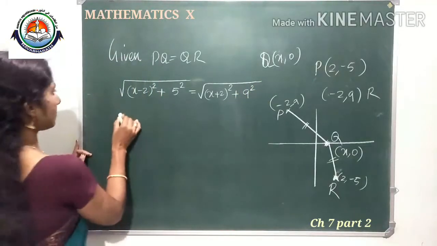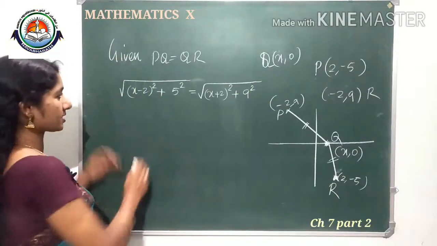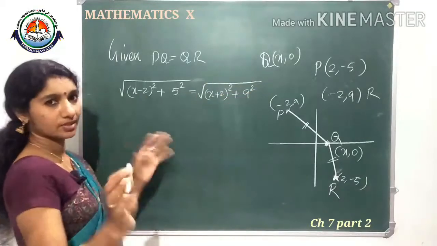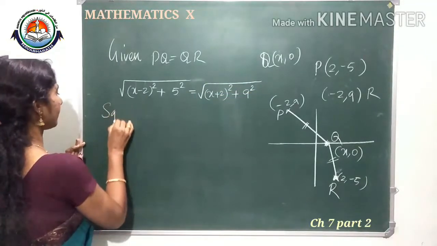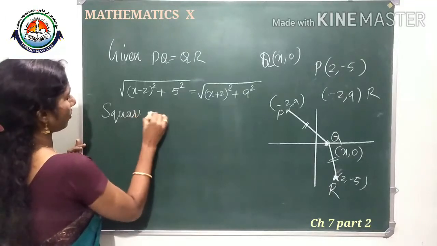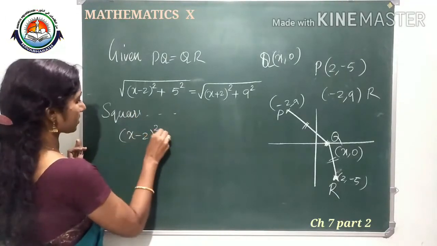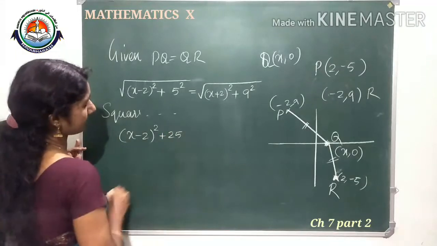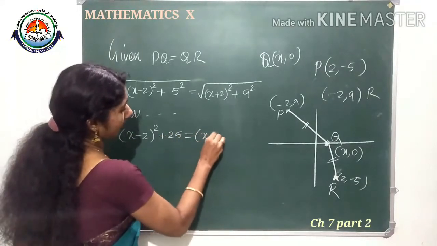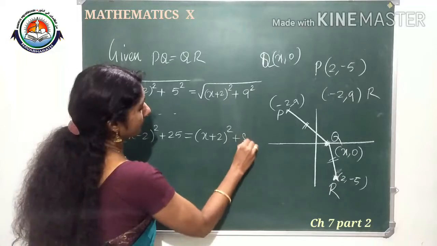Okay. So we can square on both sides, because root of something equals root of something. So squaring on both sides, we will get (x minus 2) whole square plus 25 equal to (x plus 2) whole square plus 81.